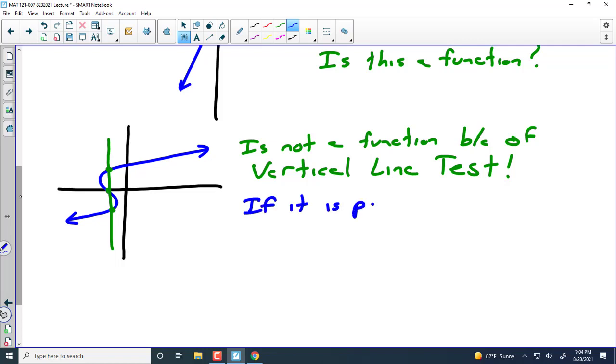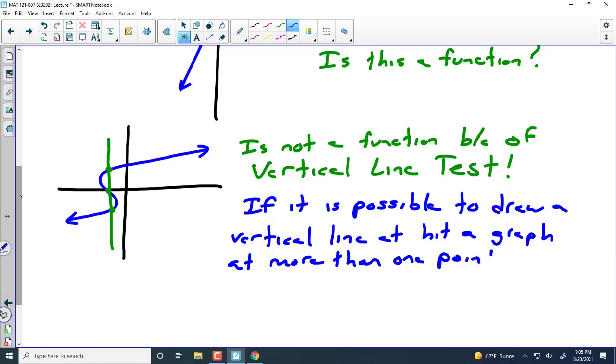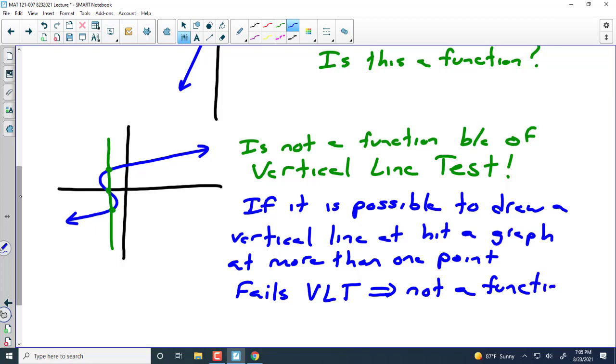If it is possible to draw a vertical line and hit a graph at more than one point, then we say this: it fails the vertical line test and is not a function, because it is possible to draw a vertical line and hit it in more than one spot.